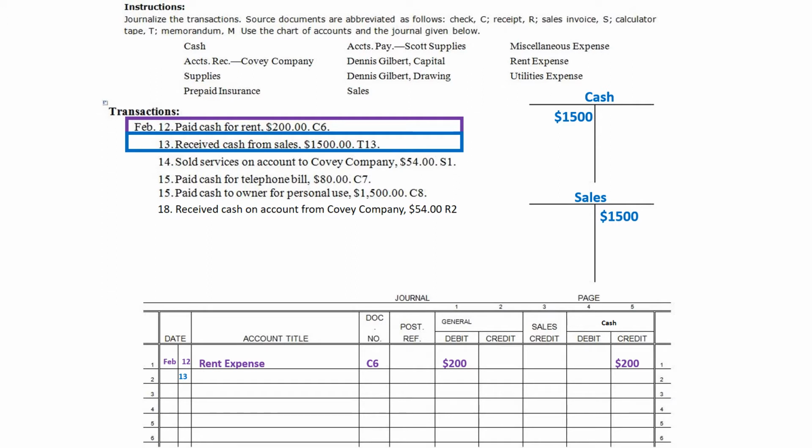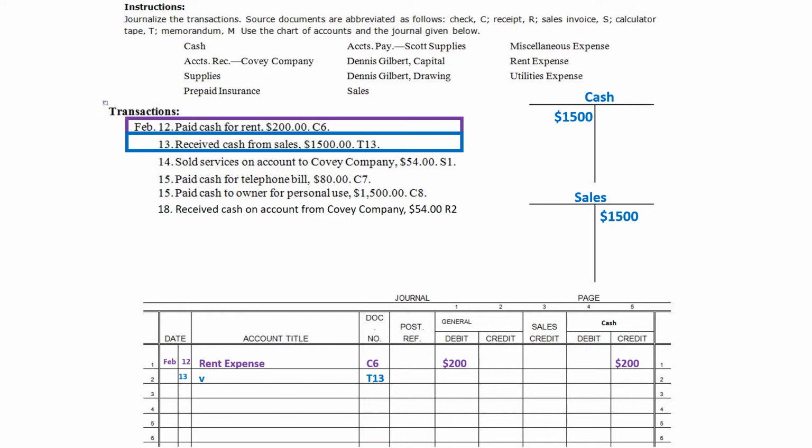So since I do not have anything in my general debit and credit column, I'm going to put a check mark in the account title. That is basically just saying that, yep, I know what happened. Yep, I know this is blank because I know that everything you need to know is in the special amount columns of sales and cash debit.